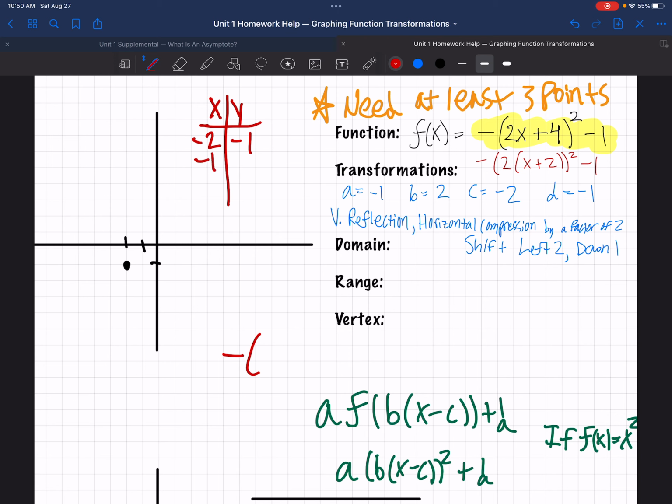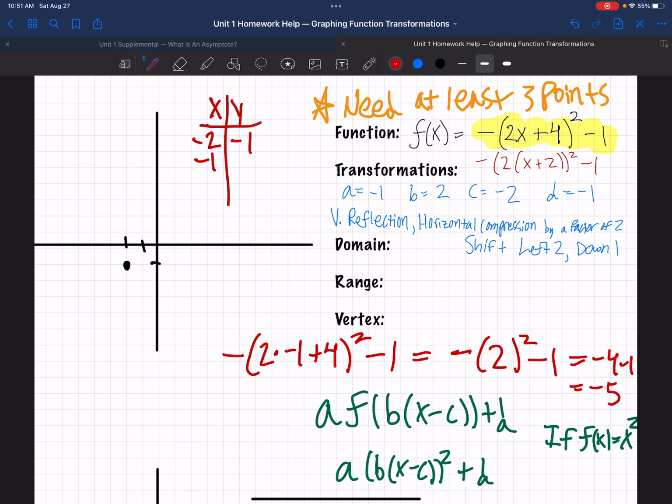This is negative 2 times negative 1 plus 4 squared minus 1. 2 times negative 1 is negative 2. Negative 2 plus 4 is positive 2. So this is negative 2 squared minus 1. 2 squared is 4, and that's negative 4 minus 1, which equals negative 5. So plugging in negative 1 gets me negative 5.